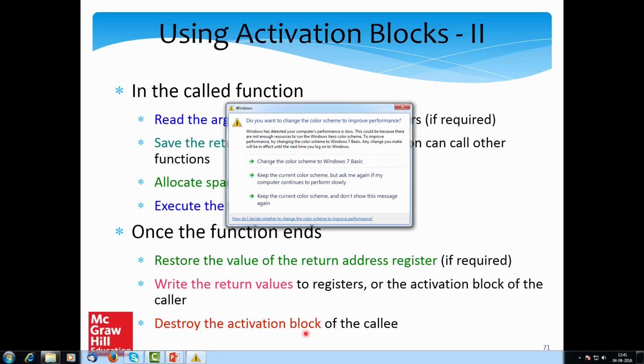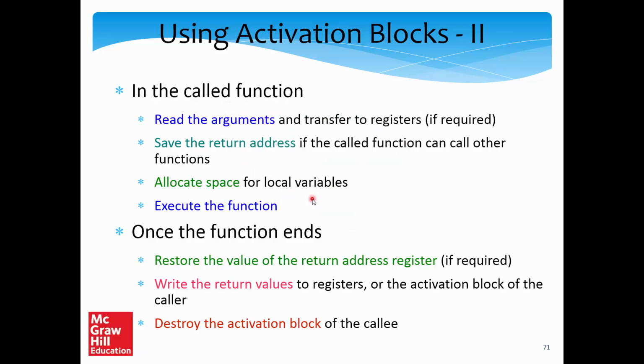So I've deliberately been vague at certain points. The reason being that there are many more details that will come in the next few slides. But the main take-home point here is that memory is divided into many regions. So one of these regions stores the activation blocks. What is an activation block?